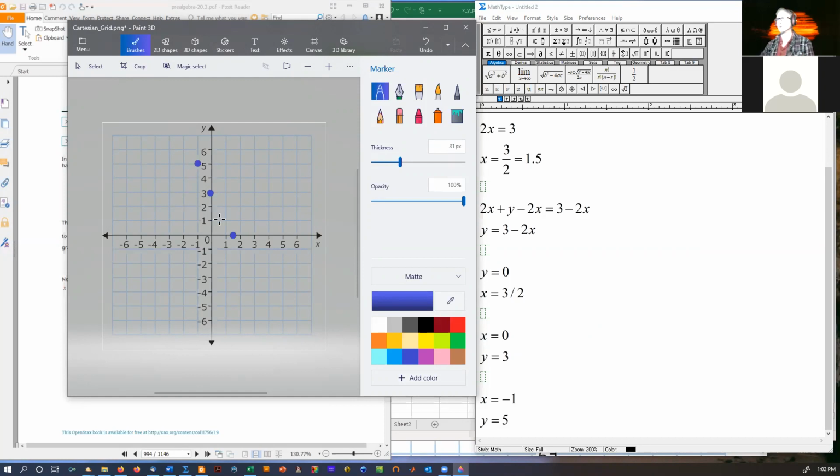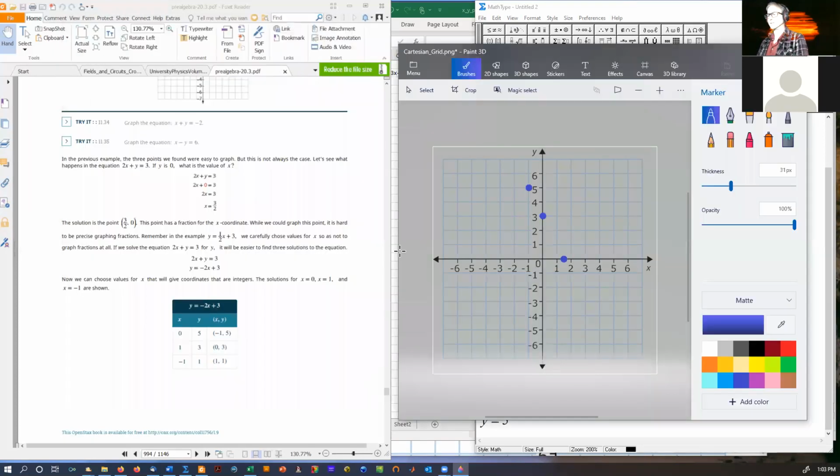Oh, that's because I've drawn that point out of line. I think that's right. That seems pretty linear to me. Okay, so again, these aren't the points that are given in the book. I think they've screwed up their arithmetic here.